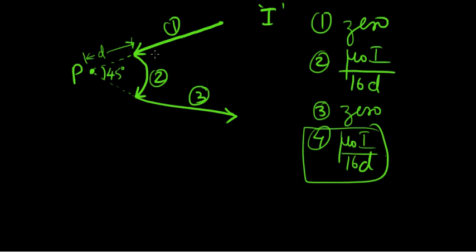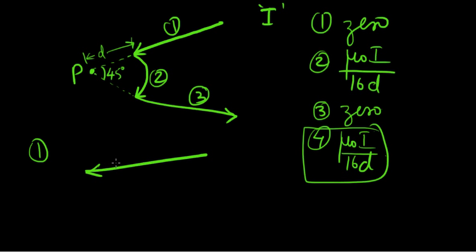All right. So let's first talk about the first conductor. It looks like this with the current flowing in that direction. The right-hand rule says if you point your thumb in the direction of the current, the way your fingers curl around a conductor is the direction of the magnetic field.